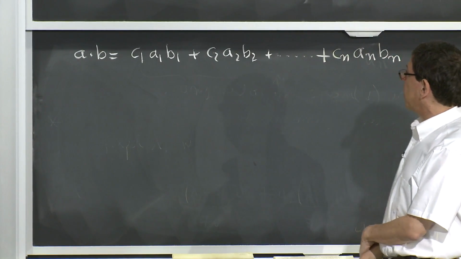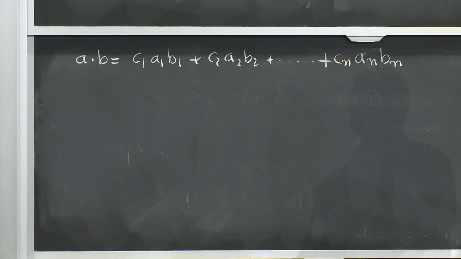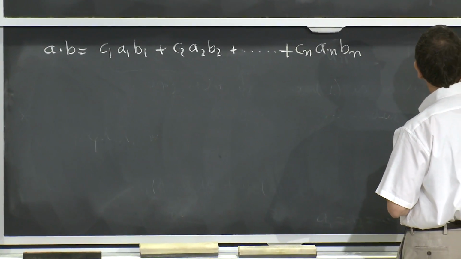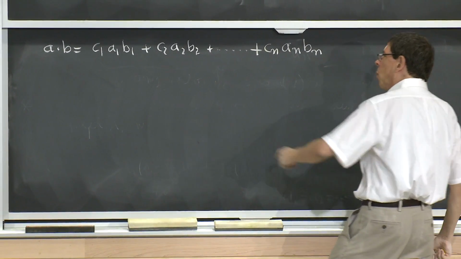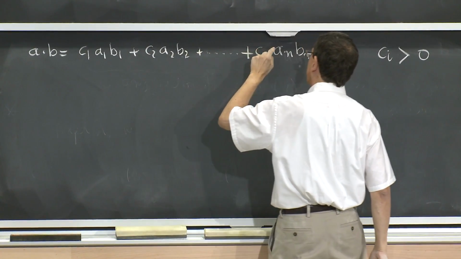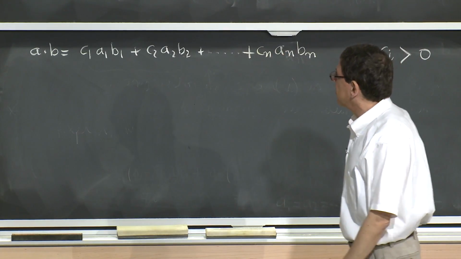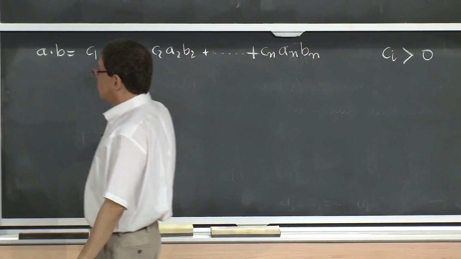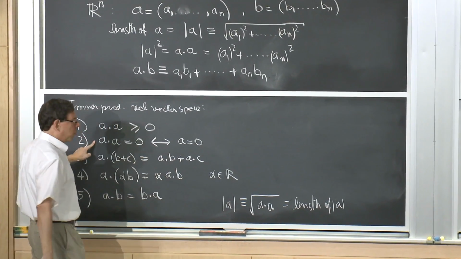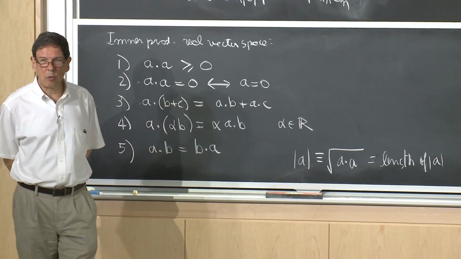And this property would work equally well if all the Ci's are positive. So you put 1 times A1 B1, 2 times A2 B2, n times An Bn. It would do all these properties. This will be true. This will be true. We'll distribute exactly the same way. So it doesn't force you to get this inner product.